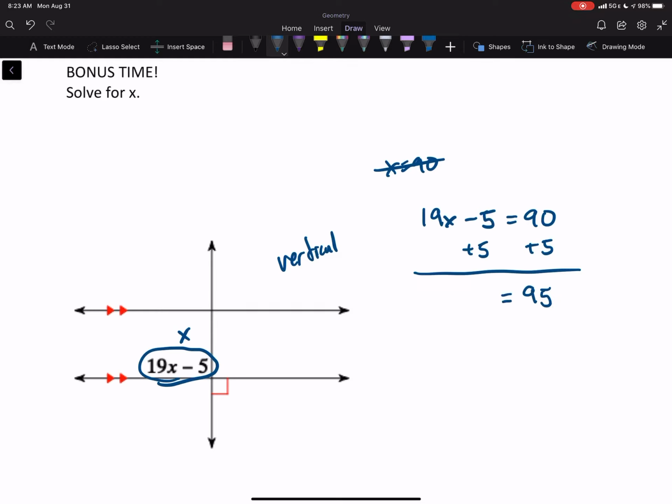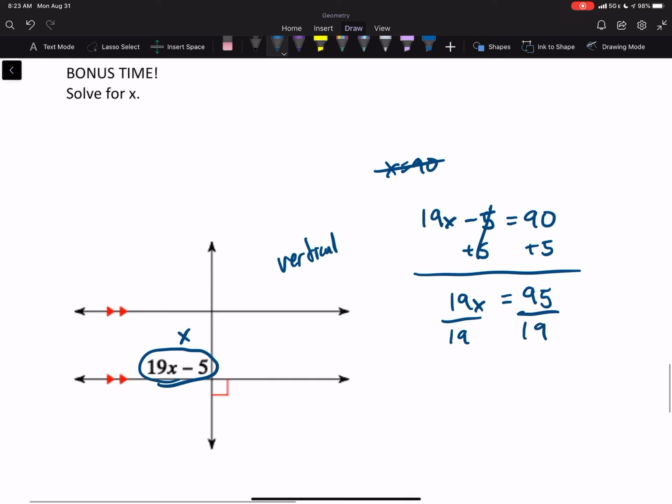So I get 95 on the right-hand side, and this eliminates itself, so I'm left with 19x. I'm going to divide by 19 on both sides. 95 divided by 19, I'm going to use my calculator for that. No shame there. And it is 5. All right, so x equals 5. So that would be my answer here.